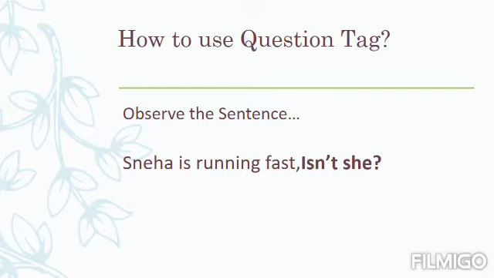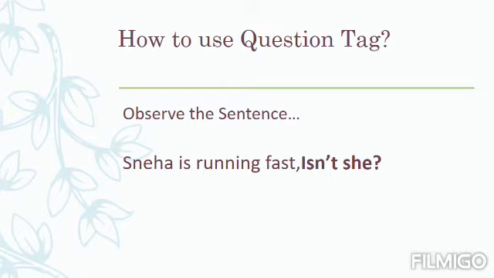Then this statement is positive, so its question tag will become negative, and these are the general rules which we have learnt in the last part of this video lesson. So here we will put the negation, that is not.